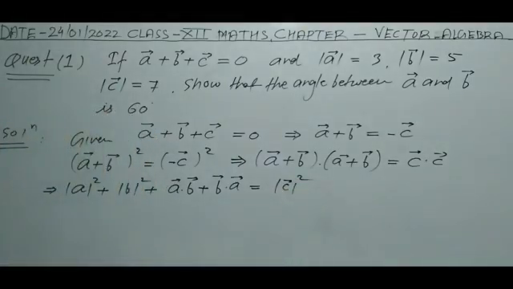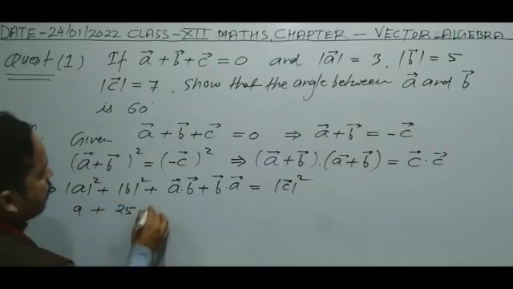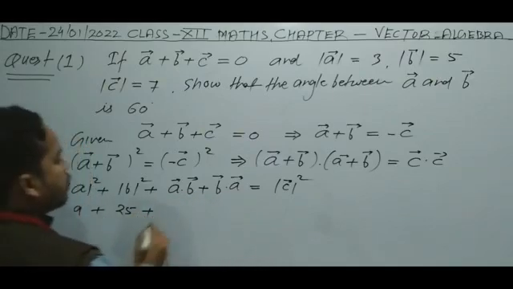So the values of A, B, C are given. Now mod of A is 3, so this result will be 9, and this will be 25, and the commutative property of multiplication in vectors is verified.